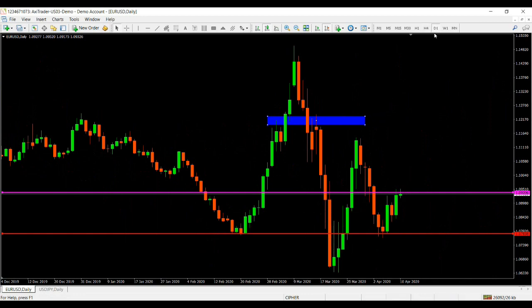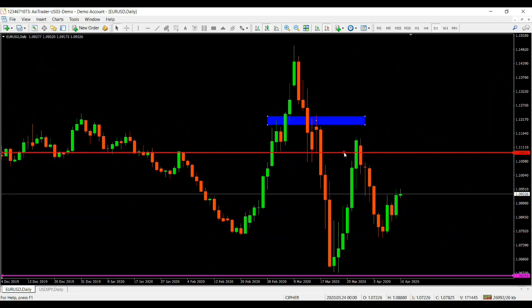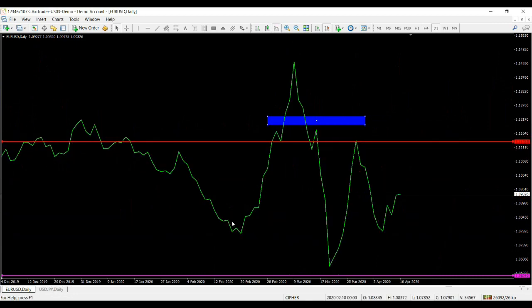We are seeing daily, so let me ignore this first. I'm taking this red color line. See here, the price went up, held here, again went up.